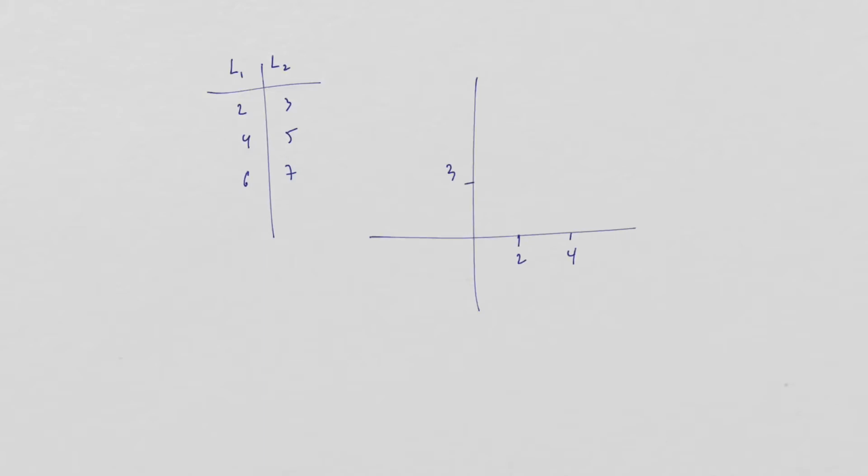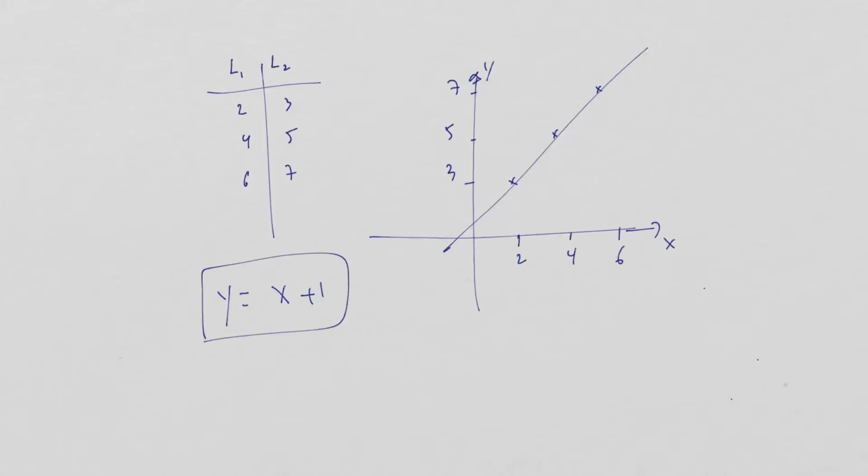If I have values 2, 3, 4, 5, 6, 7, where this is X and this is Y, I can easily find the equation of this line. Y is going to be X plus 1, I believe, right? Y equals X plus 1.